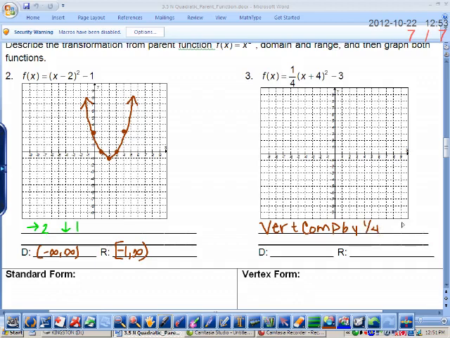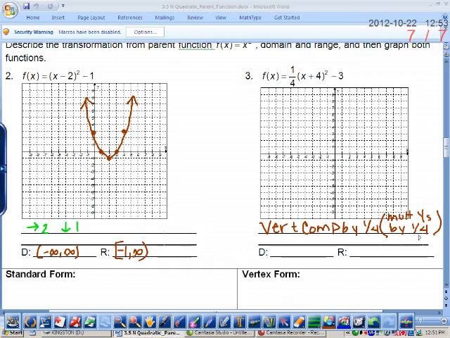Vertical compression by 1/4, which means that we do what? Multiply what? Multiply y values by 1/4. It compresses, so the y values get smaller. We multiply by 1/4.